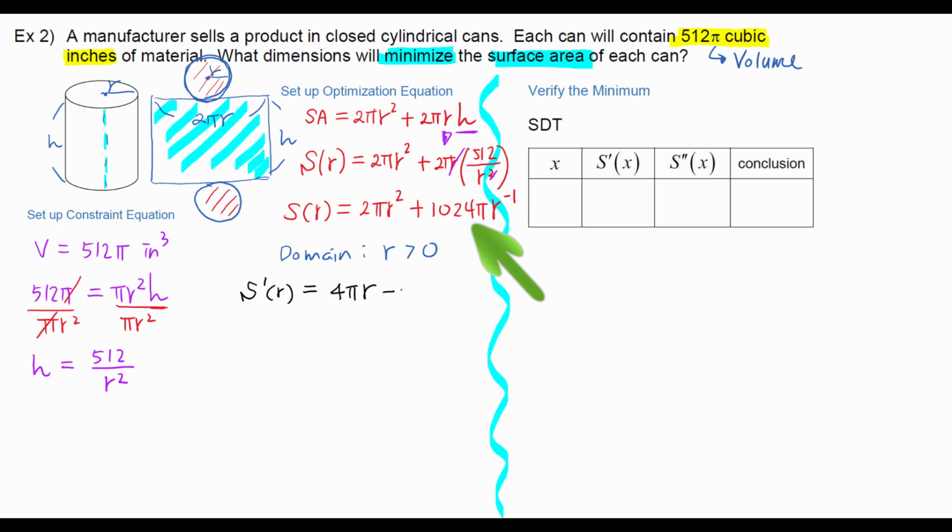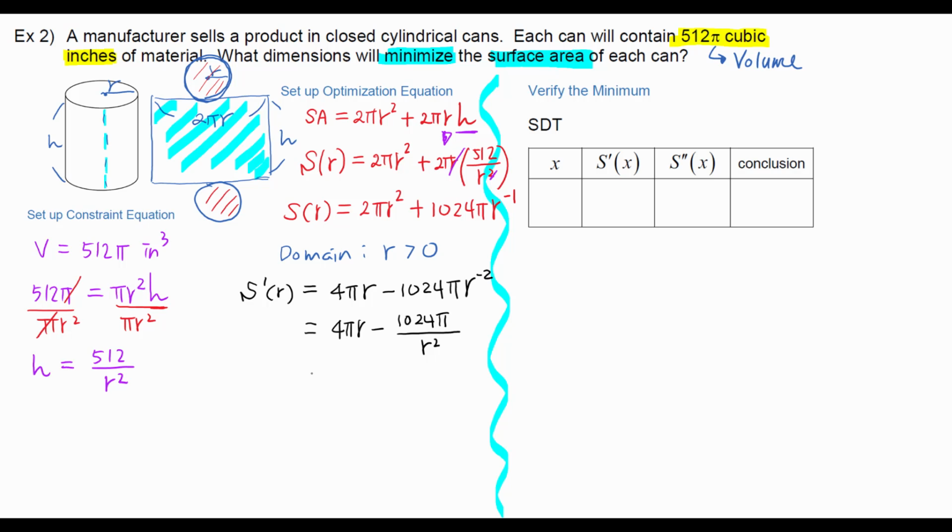It is negative 1024 pi r to the negative second power. And since negative second power is rational expression, let's go ahead and send it to the denominator. So that's a 4 pi r minus 1024 pi over r squared.